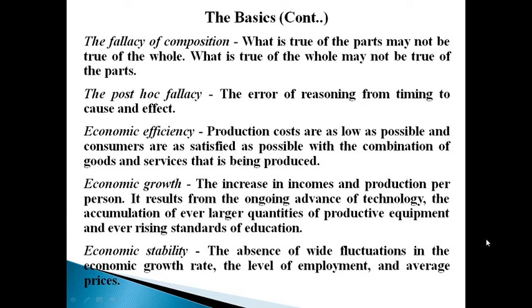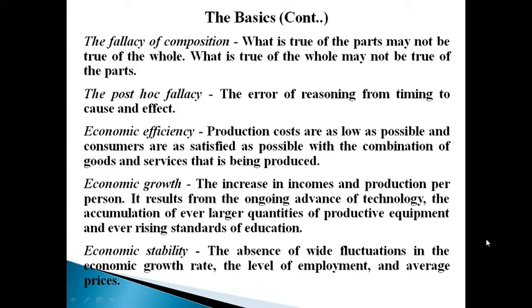Economic efficiency: production costs are as low as possible and consumers are as satisfied as possible with the combination of goods and services being produced. What do you mean by economic growth? Economic growth is the increase in income and production per person.